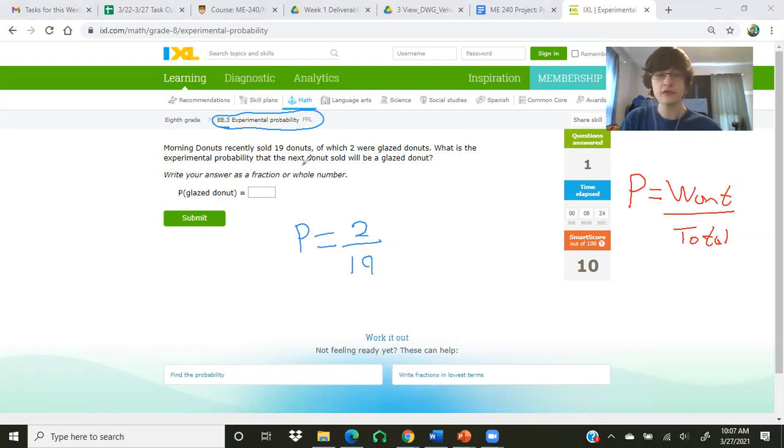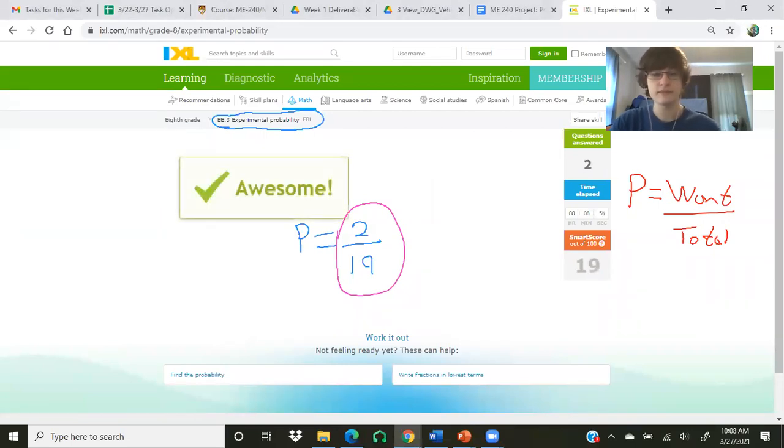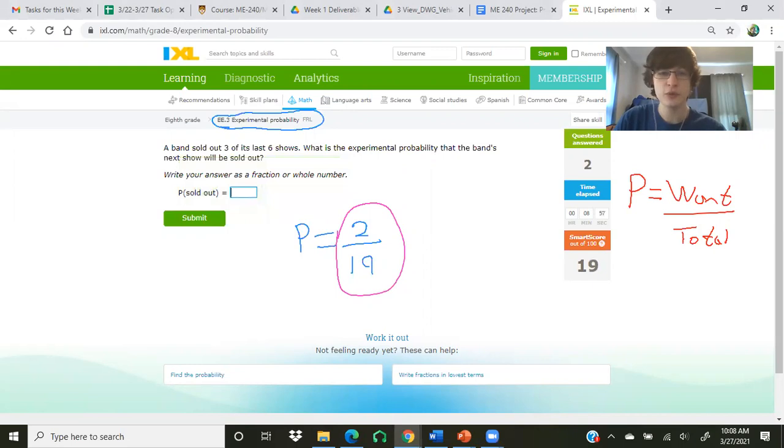So if before 2 out of 19 donuts sold were glazed, let me change color to emphasize this, there is a 2/19 chance that the next donut is a glazed one. Do you understand? Do you follow, perhaps? So we put 2/19. And would you look at that? We're right.